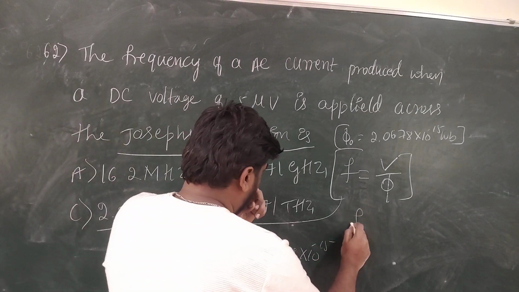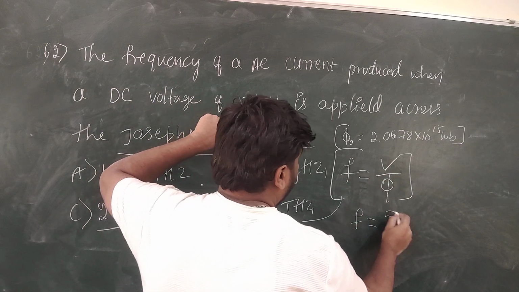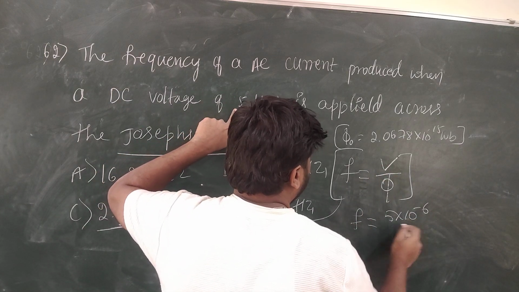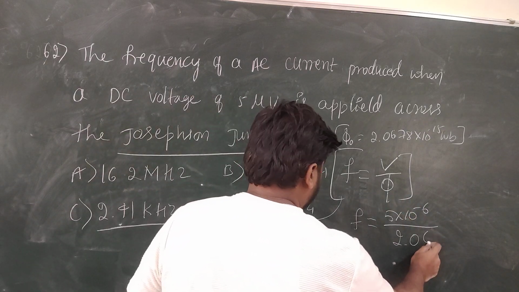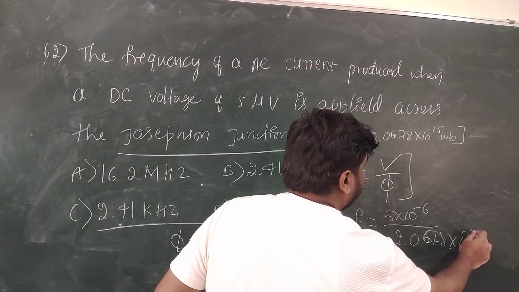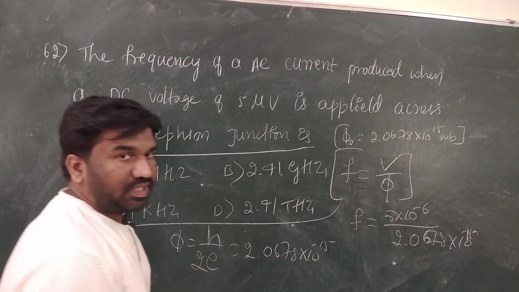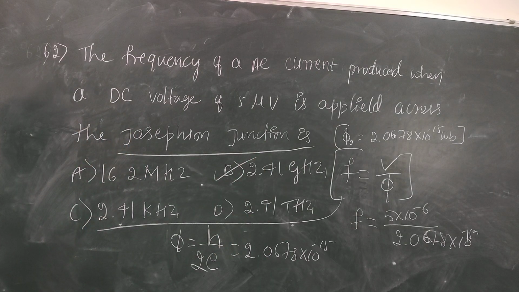And therefore f is equal to V divided by flux. V is given, 5 × 10^-6, and flux is 2.0678 × 10^-15. After solving this, we will get the answer 2.41 gigahertz.